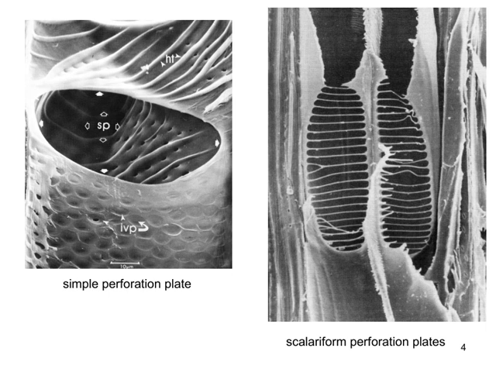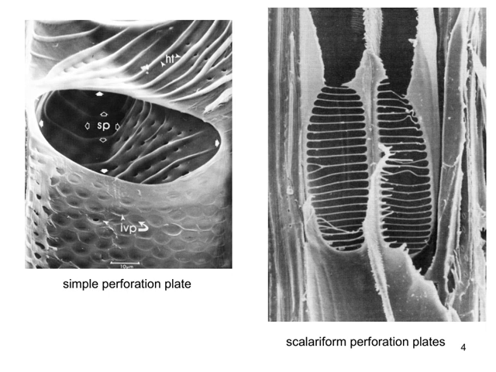Now, moving on to the scalariform perforation plates, which are a bit more complex. The term scalariform means ladder-like, and you can imagine these plates having multiple elongated openings arranged in a ladder pattern. This structure is characteristic of certain types of vessels and can influence how water moves within the plant.